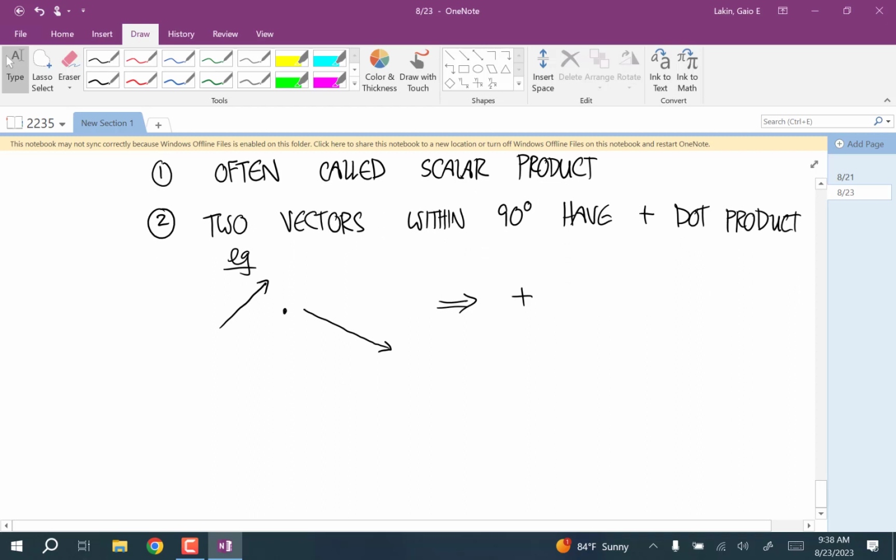If two vectors are more than 90 degrees apart, so two vectors that are greater than 90 degrees apart have a negative dot product.